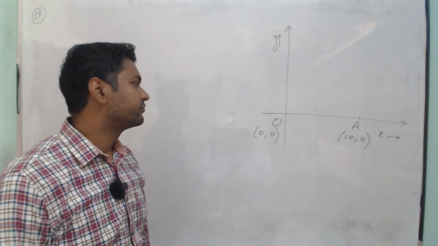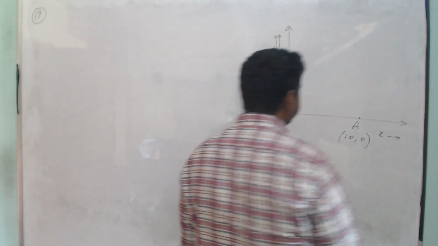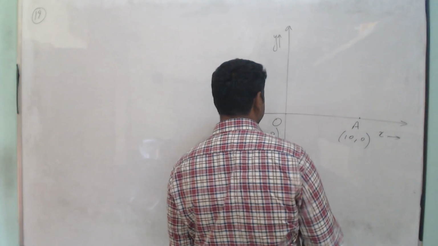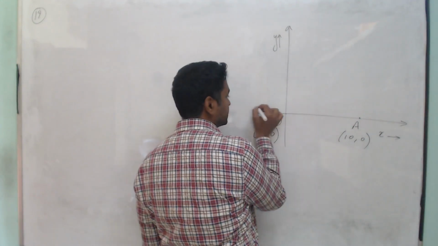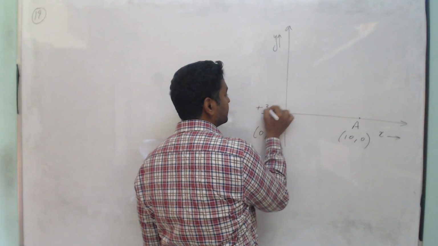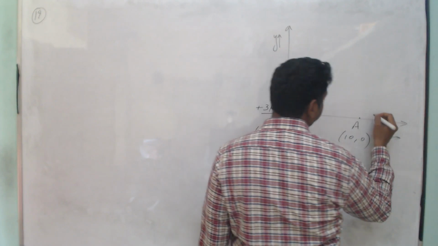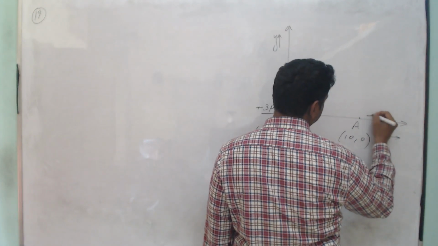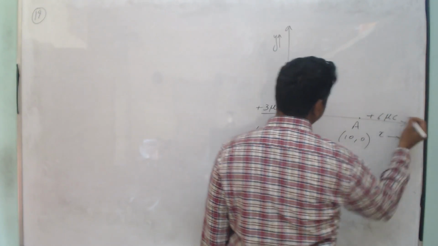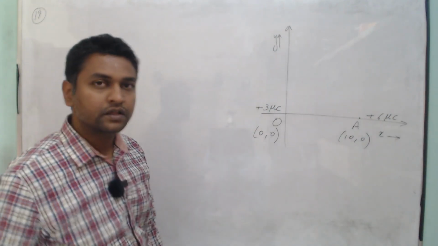Find, so we need to first give the charges also. So let us say here we have plus 3 microcoulomb charge at the origin, and at point A I have plus 6 microcoulomb charge. Okay.